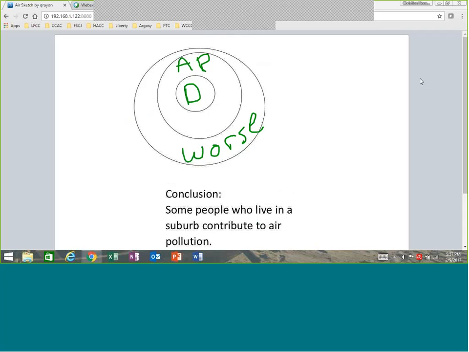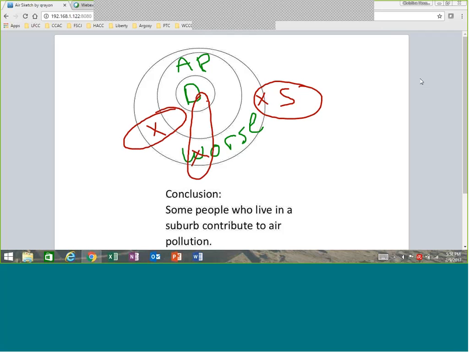Some people who live in a suburb make life a little worse. So what are the ways we could draw that? Well, I'm going to put S for suburb. It could look like that, where there's an X right here, right? It could also be where it goes like this, but could also be where it even goes into the drive circle. Could do that.